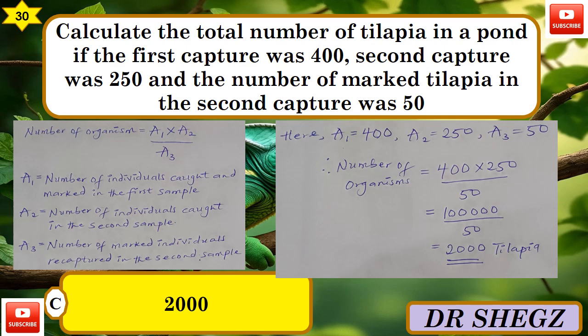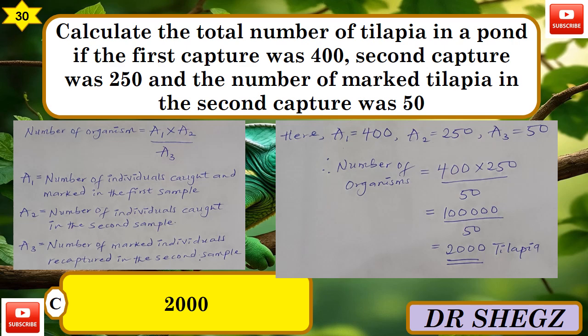This is the capture-recapture method in population studies, where we are going to use this formula: A1 times A2 over A3. Now there are different ways these formulas can be represented, but this is a very simplified way of calculating it. A1 is the number of individuals caught and marked in the first sample, the first time we went to that particular site.